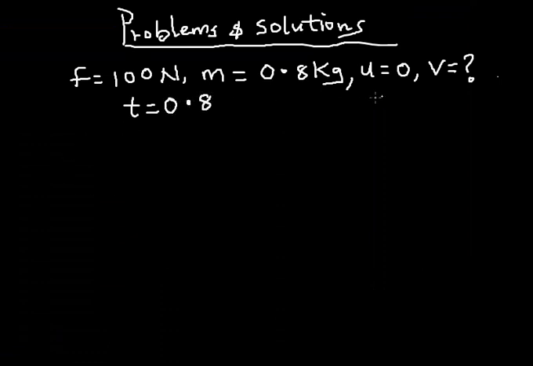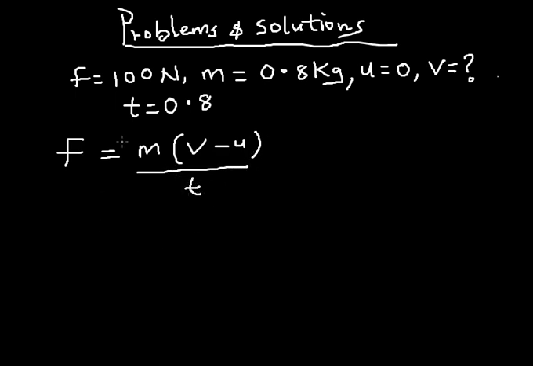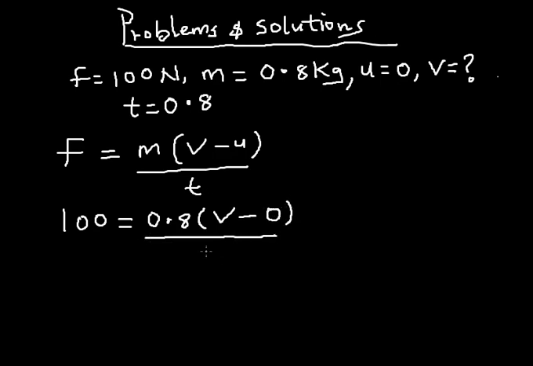Which formula goes with these parameters? This is definitely Newton's second law: F equals m times (v minus u) divided by t. So F is 100, the mass is 0.8, open bracket, v minus u, where u is 0, then divided by the time, still 0.8.